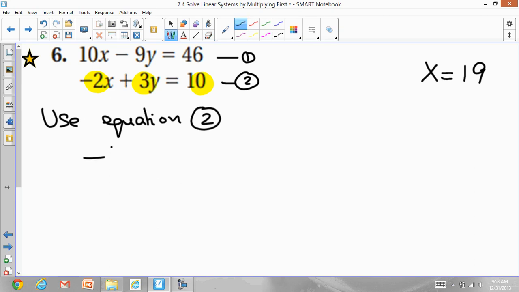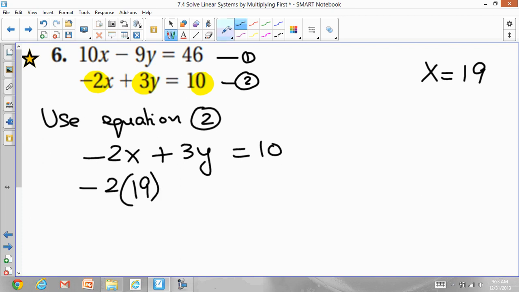So negative 2x plus 3y equals 10. So negative 2 times 19. My x in this case is going to be 19. So I'm going to highlight and show you. The x, I am changing it as 19. Plus 3y equals 10.